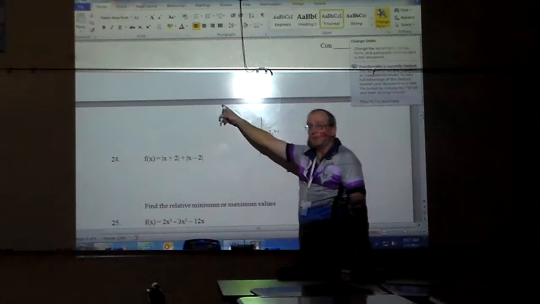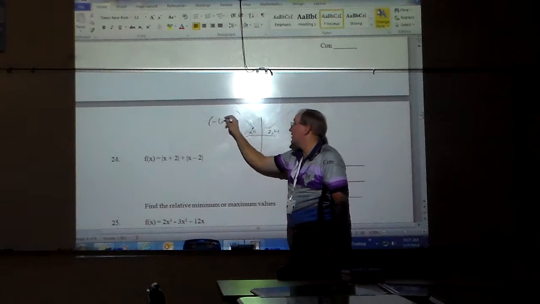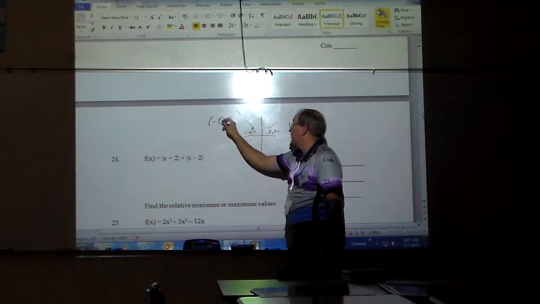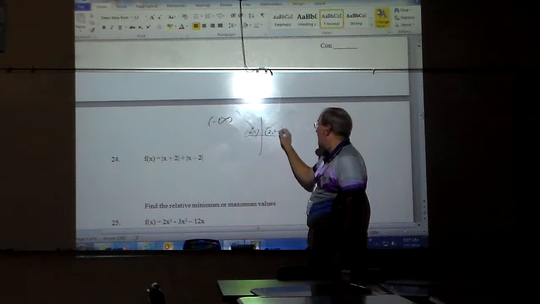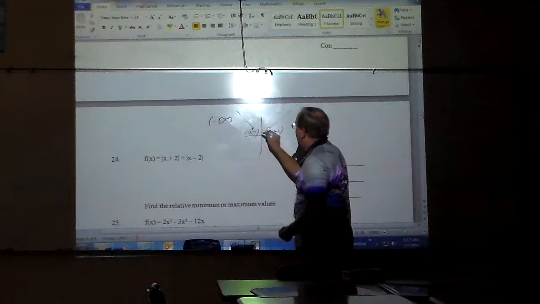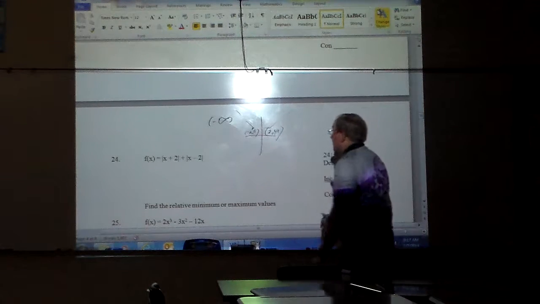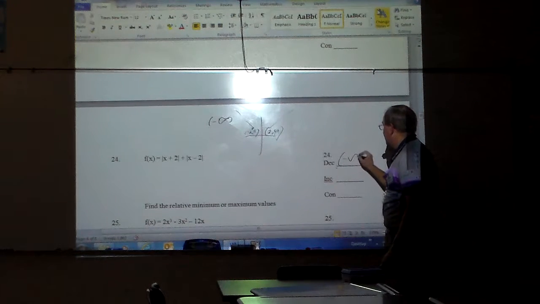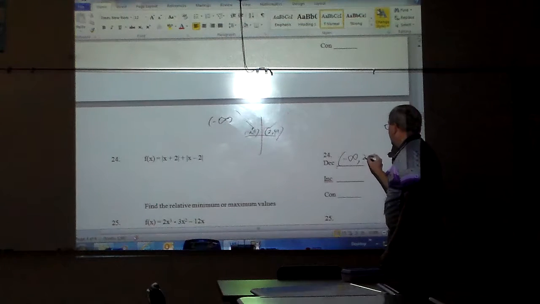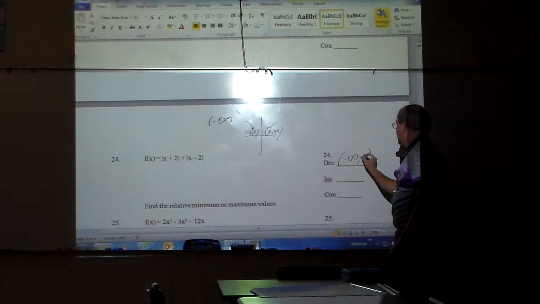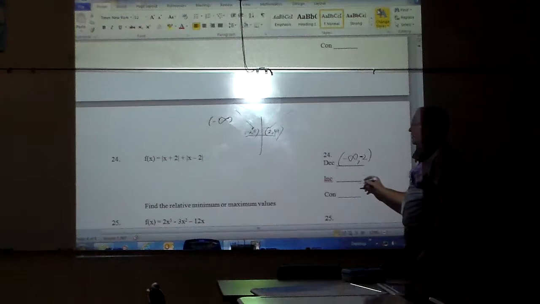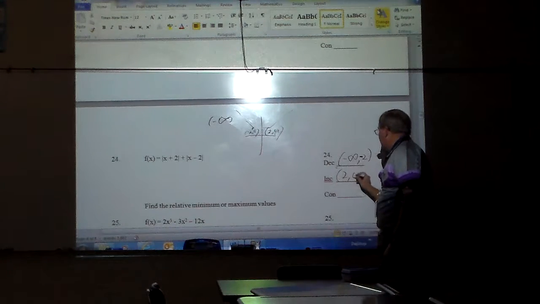Well, it's obviously decreasing, coming down from where? Negative infinity. All the way to, and remember, the y values don't matter at all. It's x's only, so it's decreasing from negative infinity to -2, and it's increasing from 2 to positive infinity.